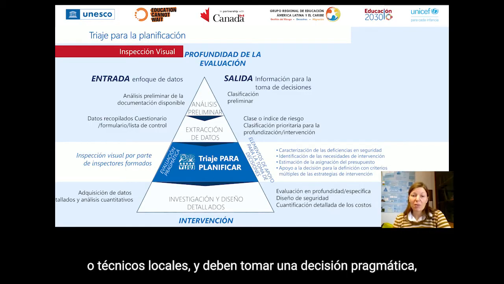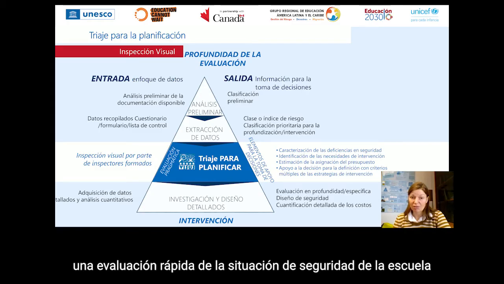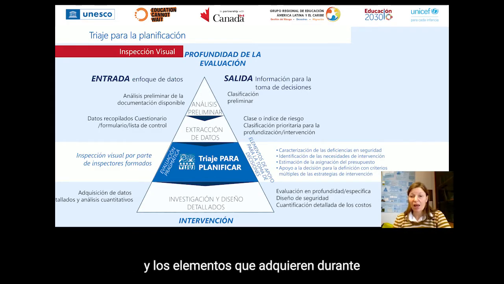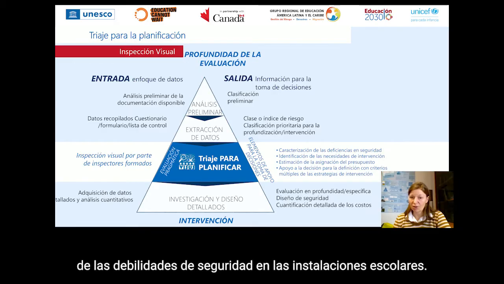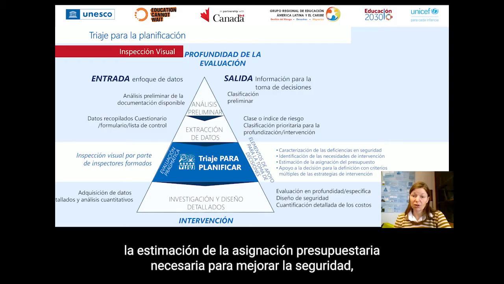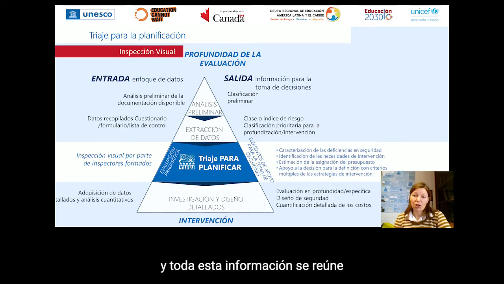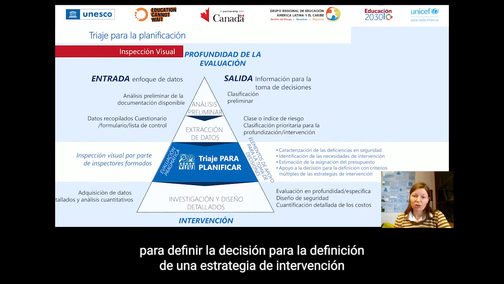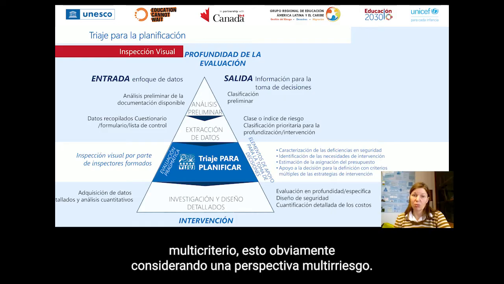And they make a pragmatic rapid assessment of the safety situation of the schools, and the elements they acquire during the survey provide the elements for decision-making support concerning the identification and the characterization of the safety weaknesses in the school facilities, the identification of the intervention needs, the estimation of the required budget allocation in order to improve the safety, and all this information is treated together in order to define decision support for multi-criteria definition of intervention strategies. All this obviously considering a multi-hazard perspective.